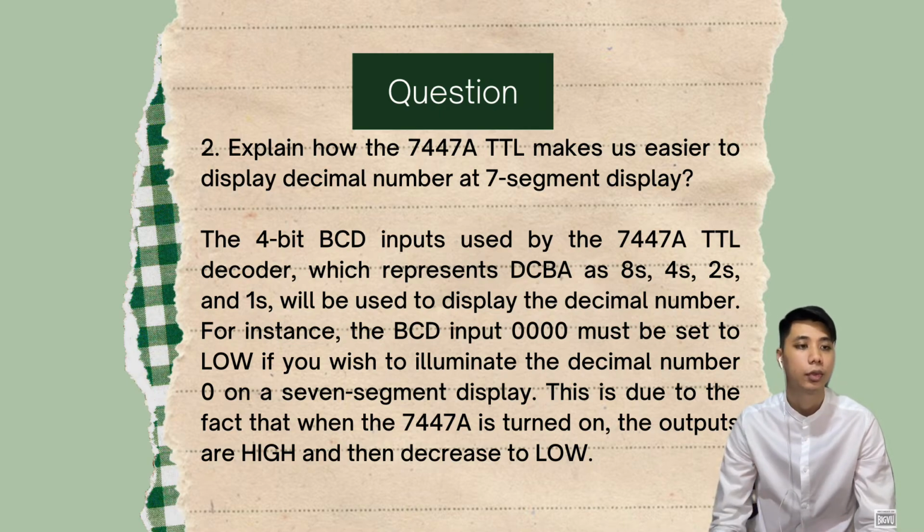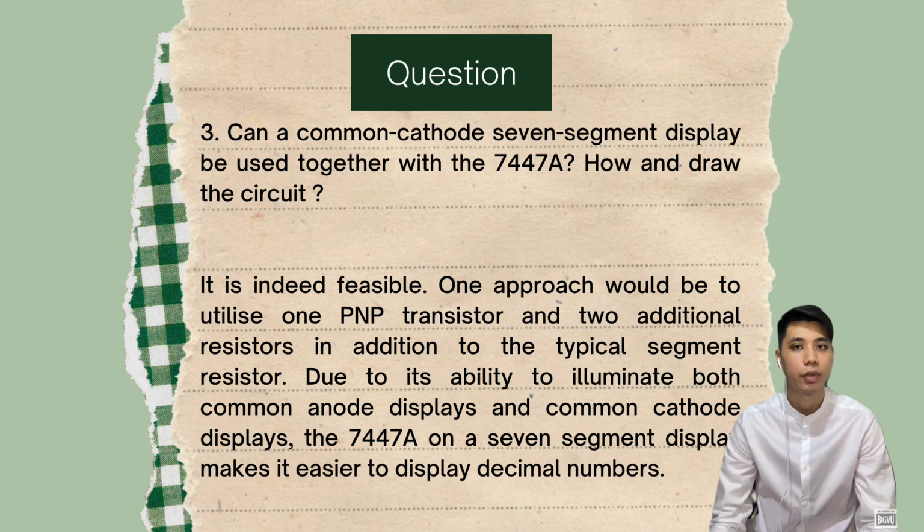For the last question from the lab report, can a common cathode 7 segment display be used together with the 7447A? And we need to draw the circuit. The answer is it is indeed feasible.